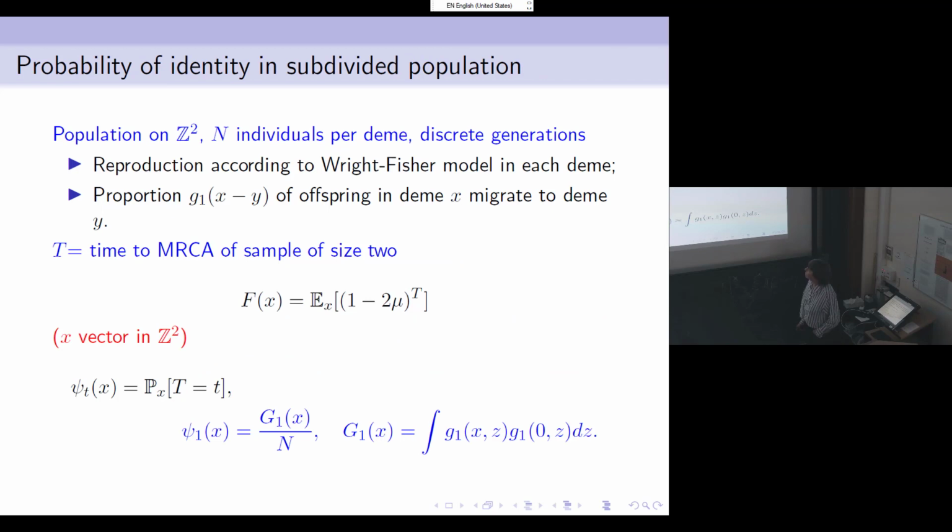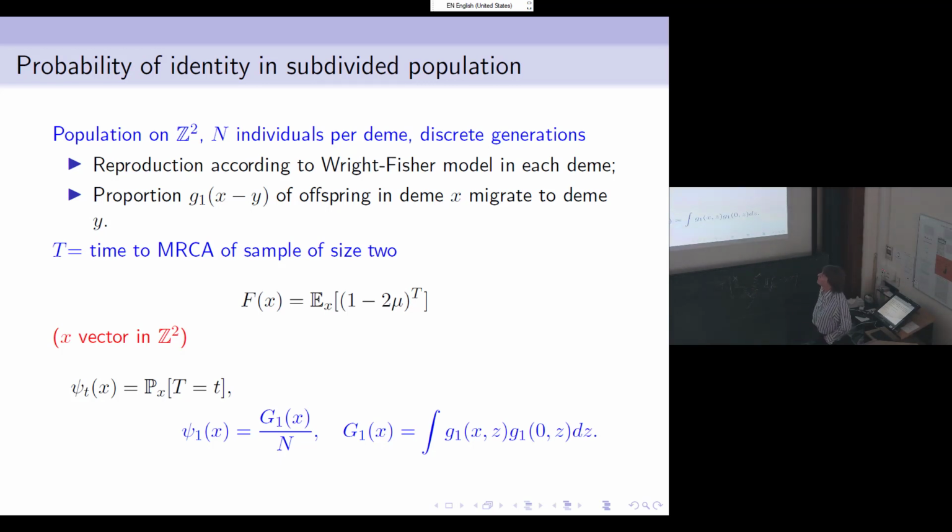Okay. So let's see how we might calculate the probability of identity, and we're going to do it for a subdivided population, and we're not going to be complicated and have juveniles and maturing and so on. We're just going to do something Wright-Fisher-like. So I'm going to work with a population on Z2, n individuals per deme, discrete generations. And the reproduction within a deme is going to be Wright-Fisher.